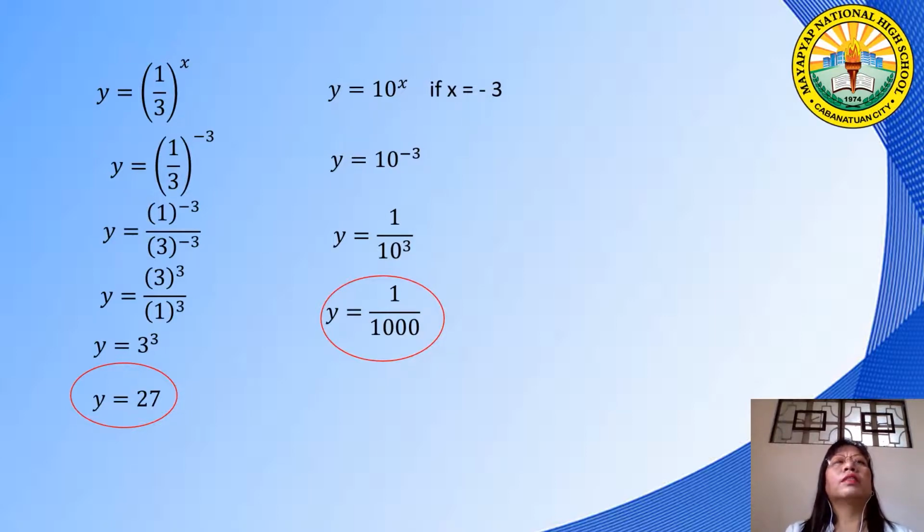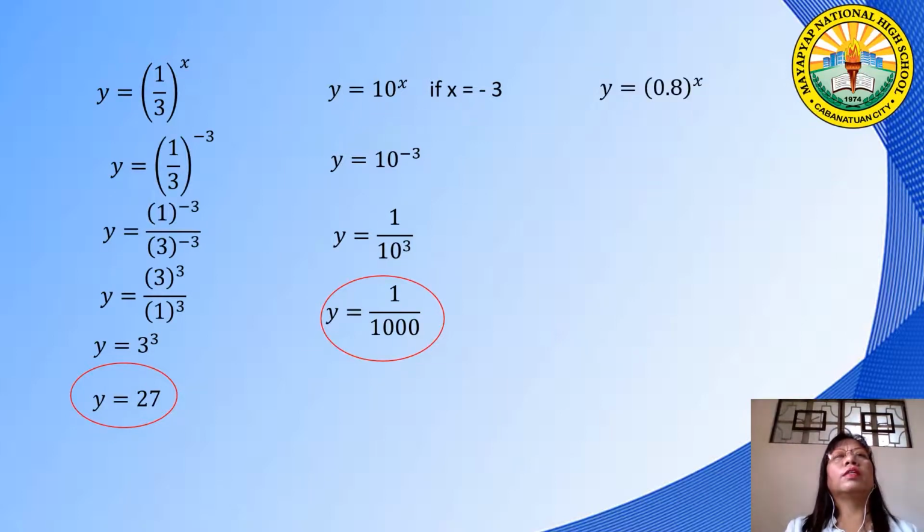Then if x is 1, y = 10^1, which is equivalent to the base, so y = 10. Then if x = 2, y = 10^2, so y = 100. If x = 3, y = 10^3, so y = 1000.